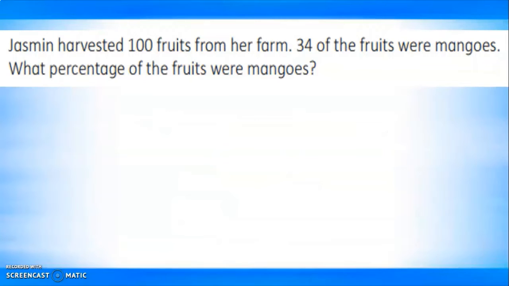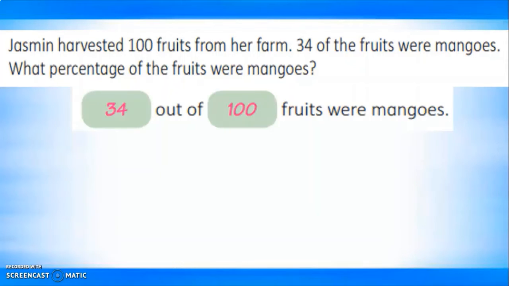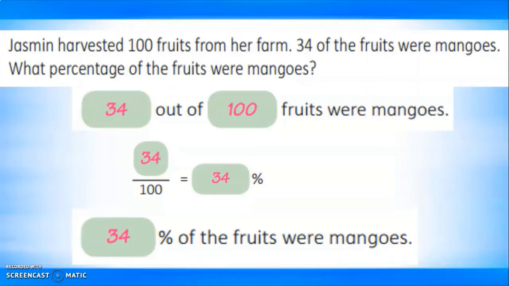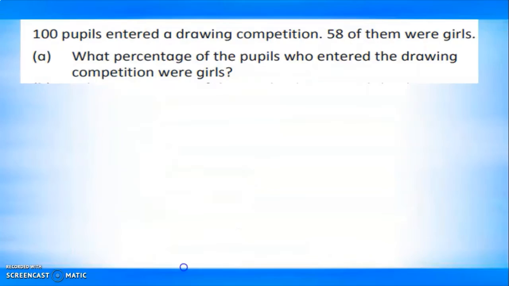Another example, Jasmine harvested 100 fruits from her farm. 34 of the fruits were mangoes. What percentage of the fruits were mangoes? We all know that 34 mangoes out of 100 fruits. So we can write this as 34 over 100. How many percent? Very good, 34%. Therefore, 34% of the fruits were mangoes.